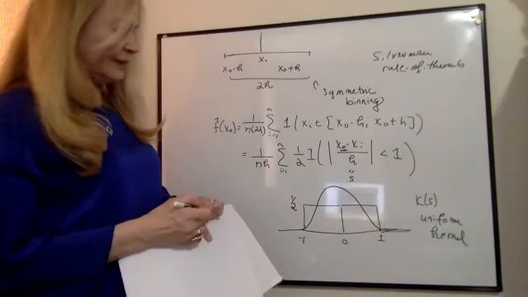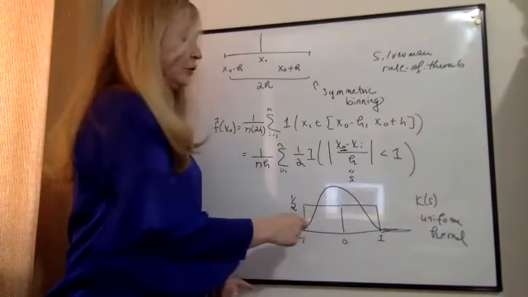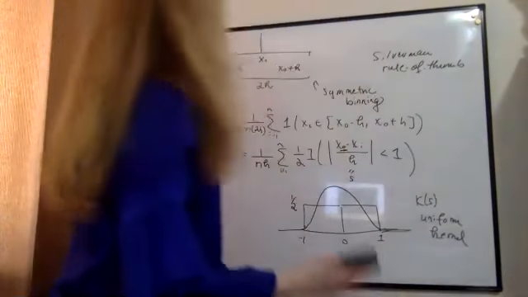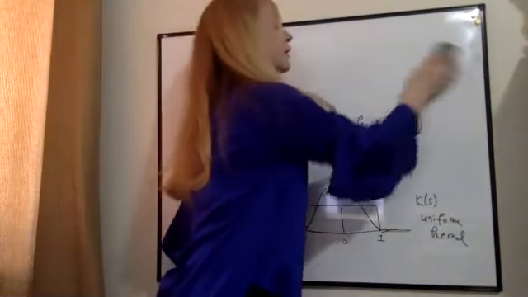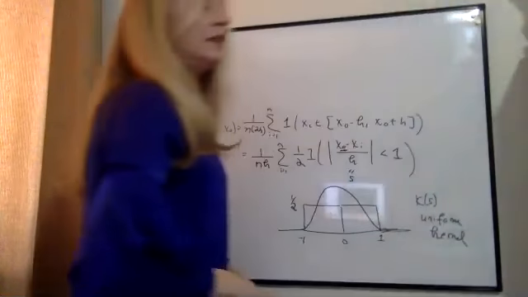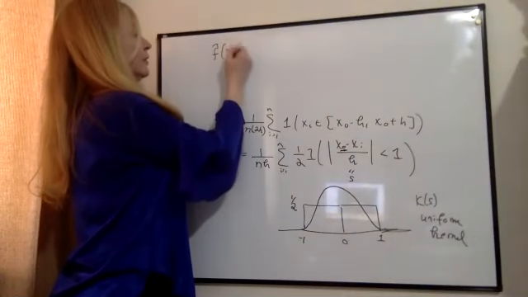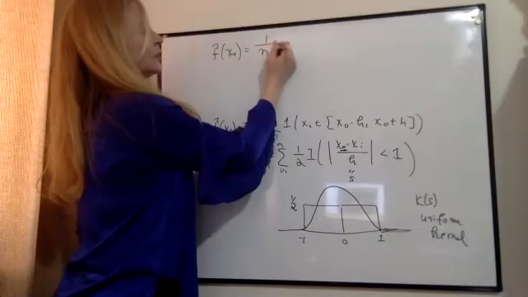So we can have a kernel function that doesn't necessarily have this uniform shape. It could have more of a smooth shape. There's actually a whole family of kernel functions that would work. And we'll see what some requirements are for a kernel function to be good.